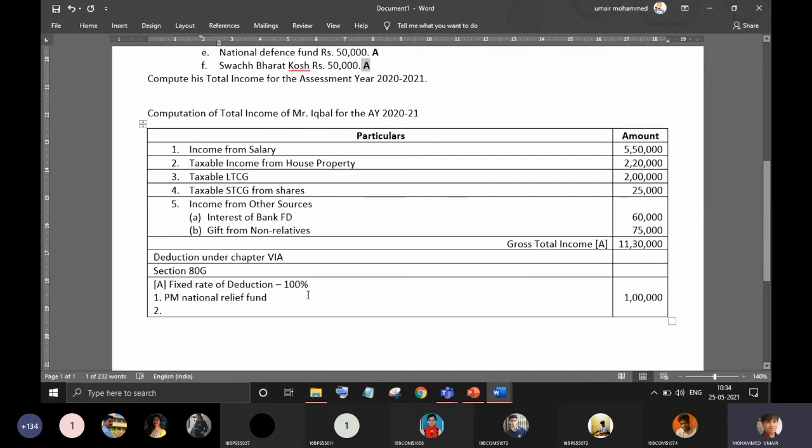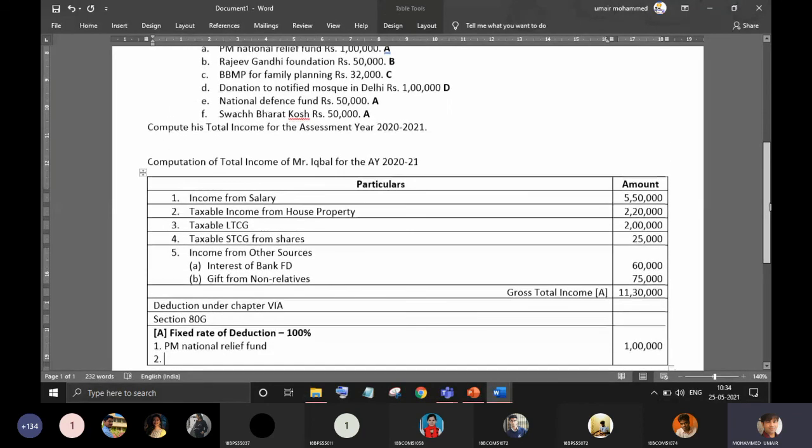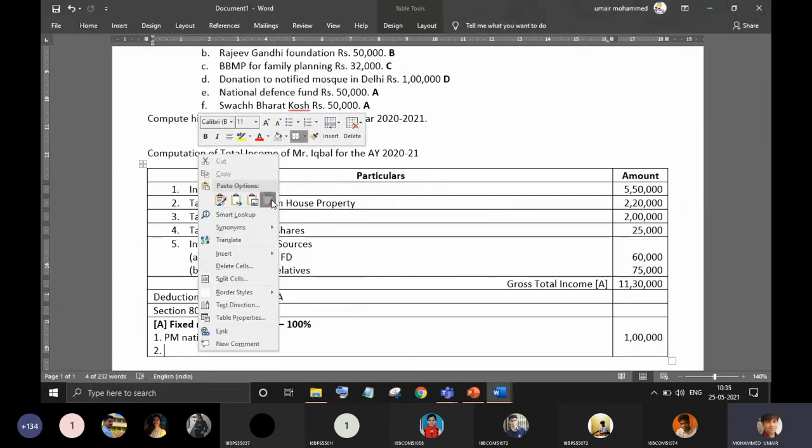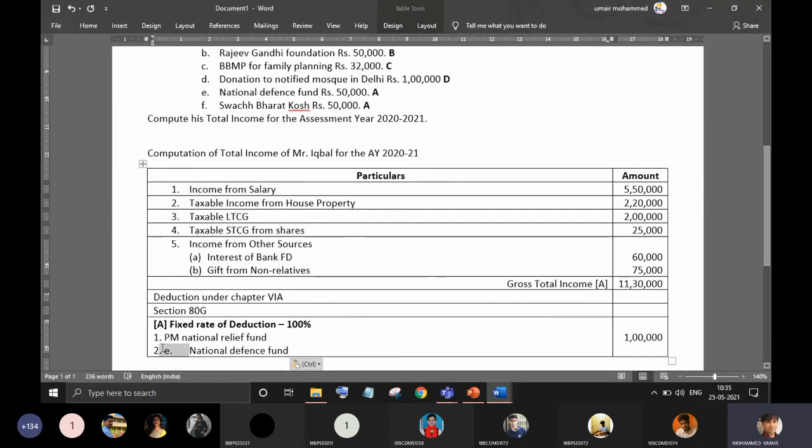So we are doing first category A donations. Let's list all of them here. Category A, what else? The last two, National Defense Fund 50,000 and Swachh Bharat Kosh also 50,000. So these two will come here.